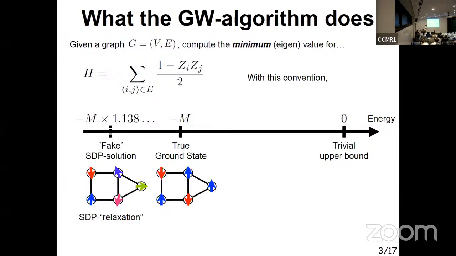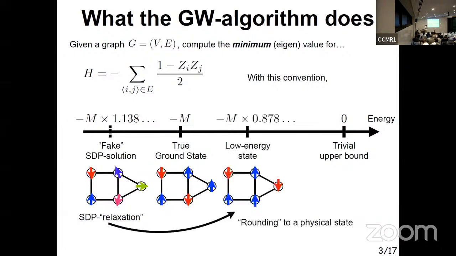Now, the nice thing that Goemans and Williamson found out is that from this fake solution, they were able to have a nice rounding, which is a way to project this fake state into a true plus and minus state. And because this was not so far away from the true value, they could also prove that this energy won't be too far away from the true ground state value.